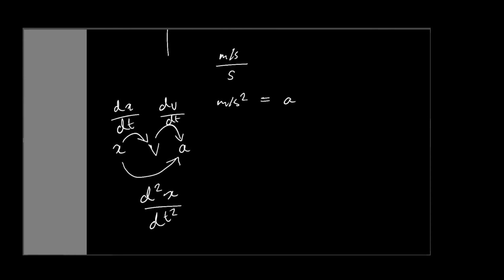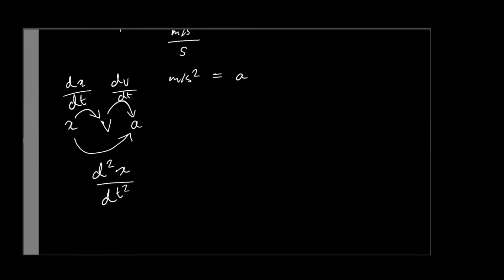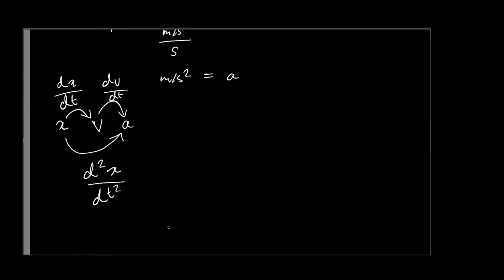And time to delve into more calculus, which I probably won't be able to explain too well. Sorry, not understand. I more or less understand it. But what this is saying is your d squared x over dt squared must equal a, right?